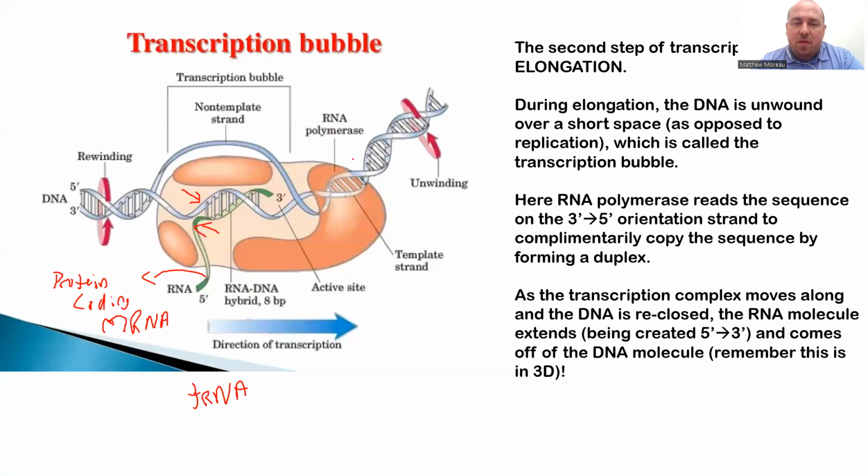And again, downstream of RNA polymerase, you're going to have things like topoisomerase and helicase.